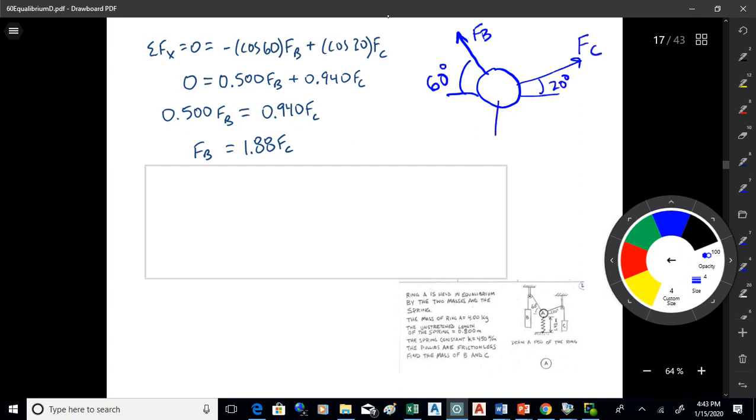I have the other two forces, the weight and the spring, but they're in the y direction. I don't worry about those with my sum of Fx equation. So I can work through that equation and get a nice simple FB equals 1.88 FC. That gets me a nice simple proportional relationship.